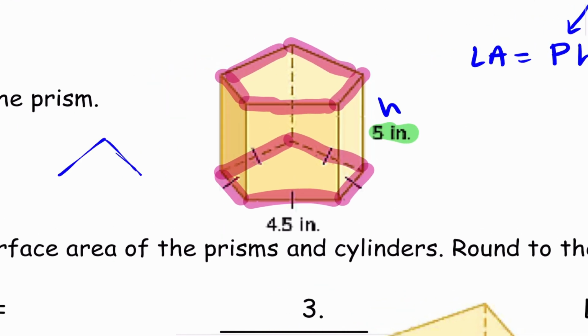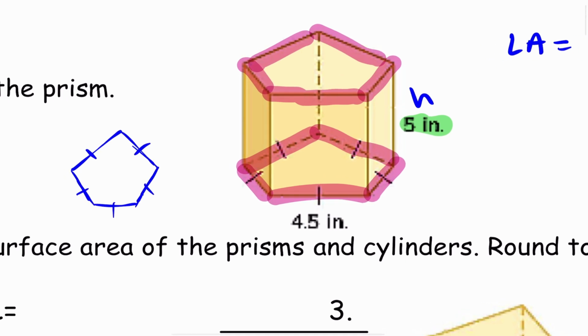So we have a pentagon, which I cannot draw. It looks like this. And it has tick marks here, so all of these sides are congruent. And those sides are 4.5 inches each.